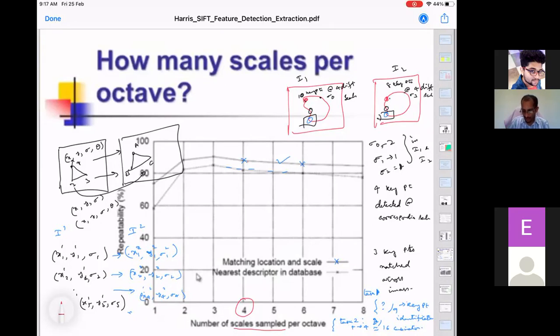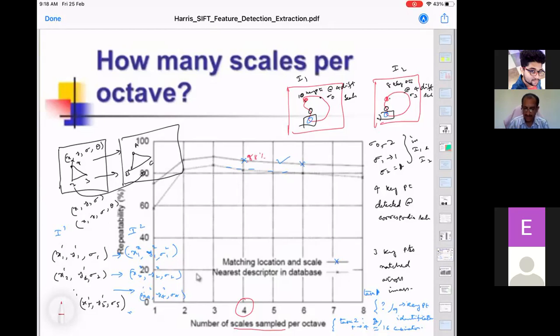So if I see for 4 scales per octave, that means I take 4 different sigmas per octave, and with that I measure the difference of Gaussians. Then what we see is the accuracy with which I can match the location and scale of the same key points is close to 90%, or 88%.